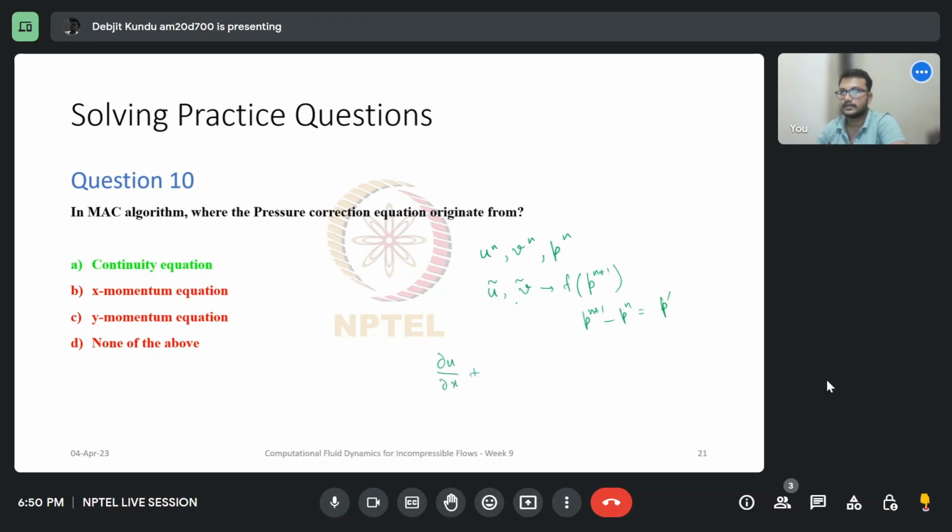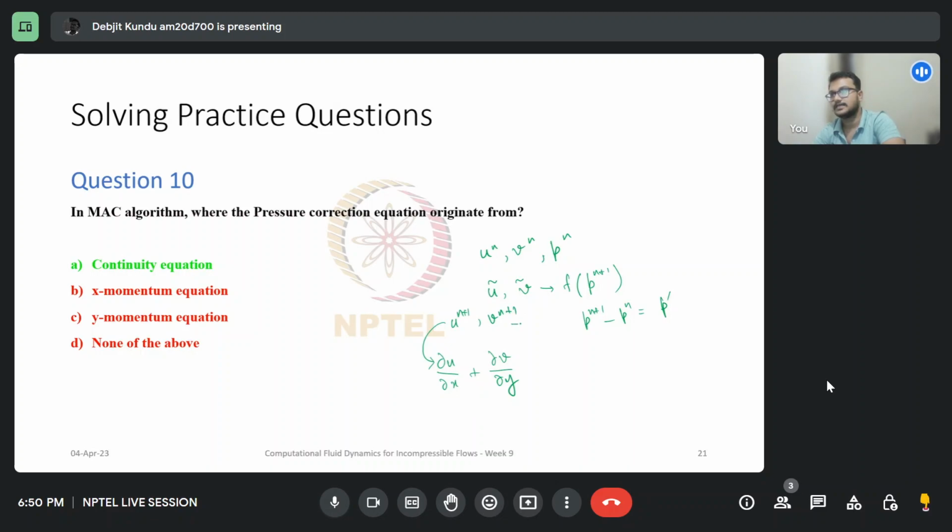And so what we do is we assume that the provisional velocities should satisfy the continuity equation. And then again, using these provisional velocities, we find out the n plus 1th level u and v, and then this should satisfy the continuity equation.